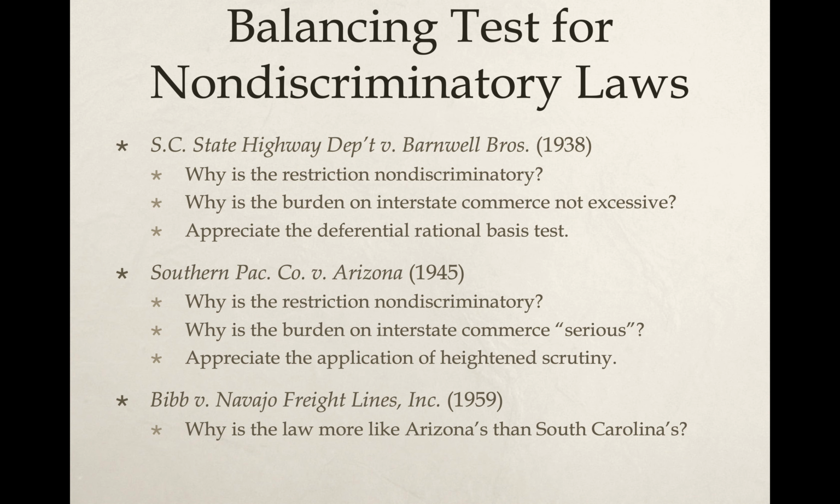Because Illinois is such an outlier, just like Arizona was an outlier with train size, Illinois is an outlier with this type of mud flap, that essentially either everyone would have to change to this mud flap, so Illinois would be setting the national standard, or all of these trucks would have to stop at the border and change their mud flaps, thus causing a major burden to interstate commerce.